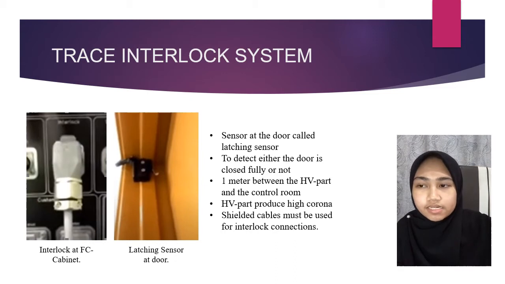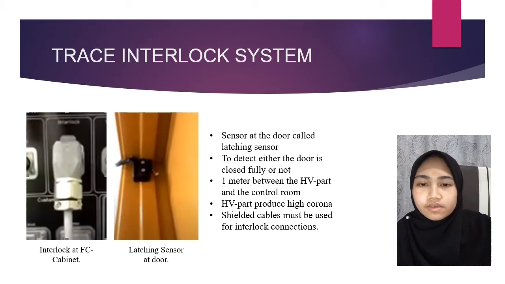Normally, the interlock is for safety if anyone wants to enter the control room while the operation is about to start or ongoing. There is a gap of about 1 meter between the Haefely part and the control room.